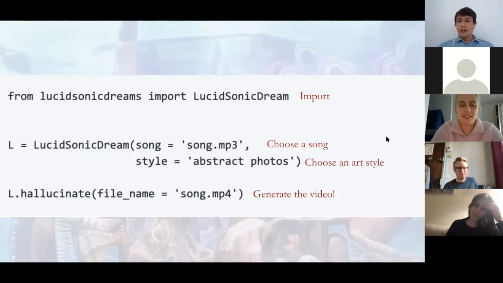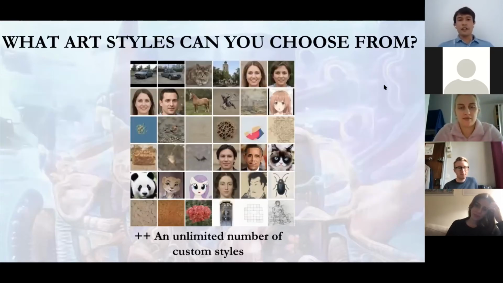So first, what art styles can you choose from? What I did with the package is that I pulled from a repository that consolidates a bunch of existing model weights that were online, where each model weight corresponds to a specific style. Some of the art styles are actually kind of wacky.